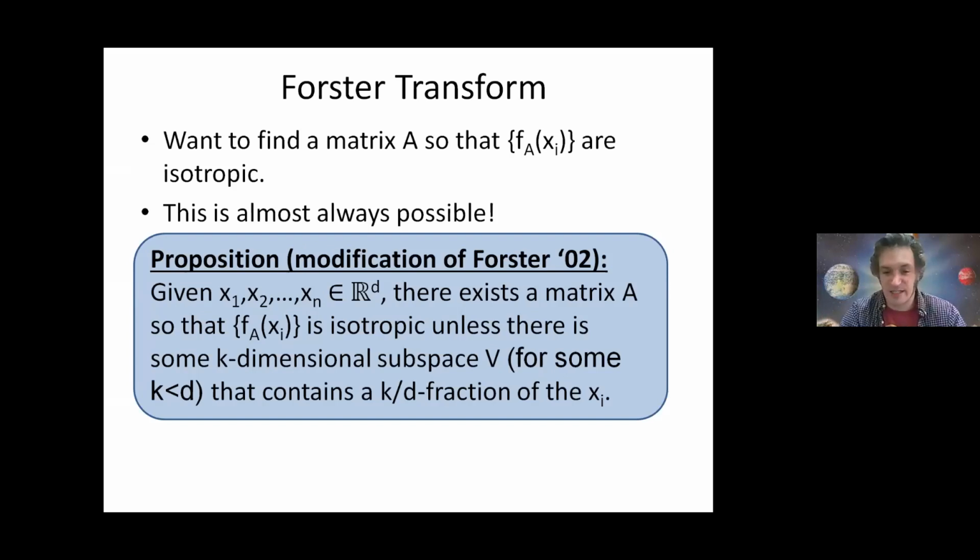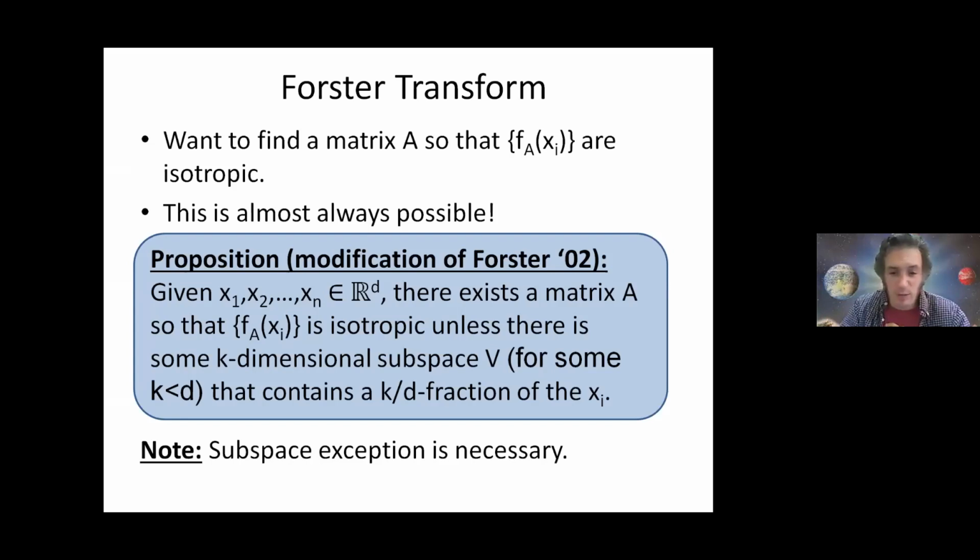This is true unless there is a k-dimensional subspace V, for some k less than or equal to d, that contains at least a k over d fraction of the points x_i. I will note that this exception for there being a dense subspace is actually necessary.